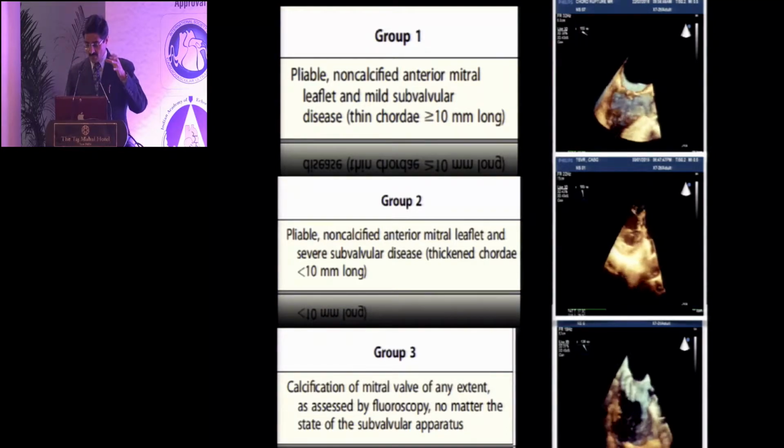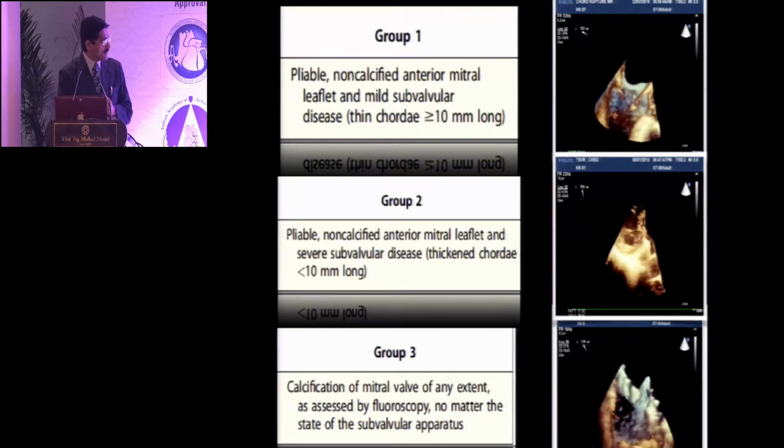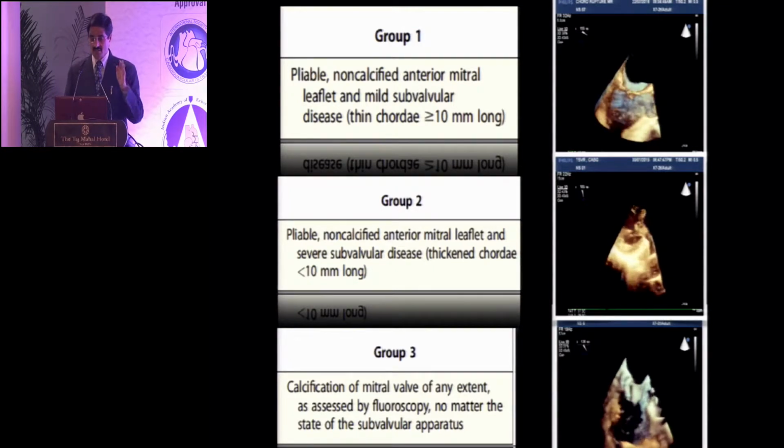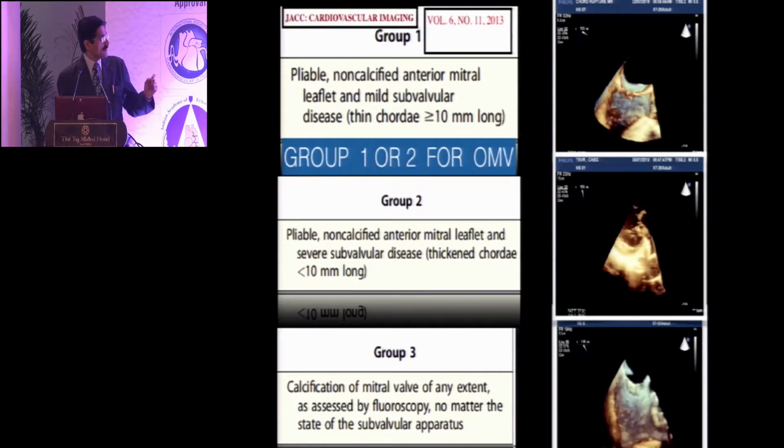They can still put in a mitral ring, and if required, commissurotomy, and they can easily get out without any problems. But if they have significantly calcific mitral leaflets on both sides and significant restriction of movement, then we can tell the surgeon that this is very difficult, and he can go straight away for replacement. This is the Lung and Cormier score, and if they say group 1 or group 2, this patient can go for open mitral valvotomy.